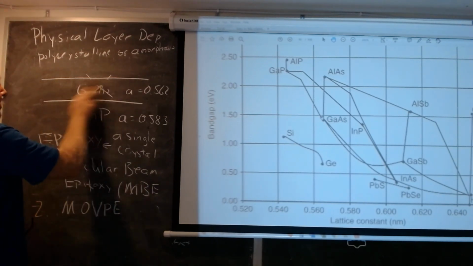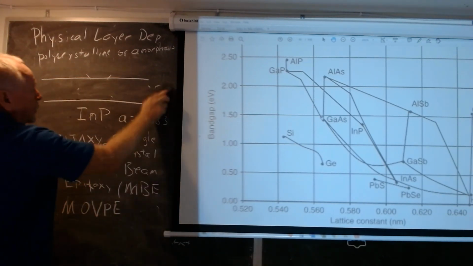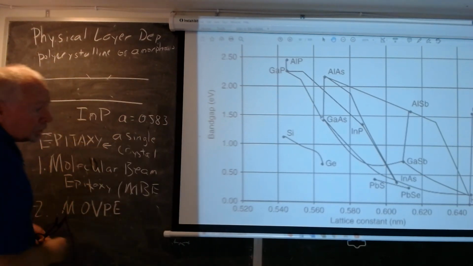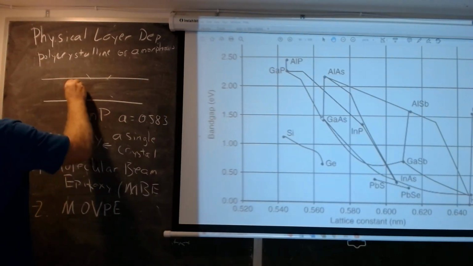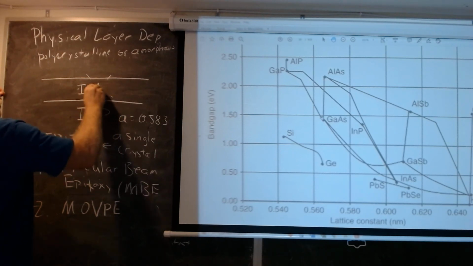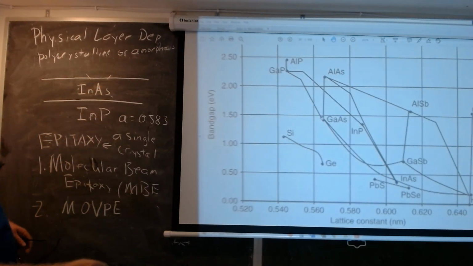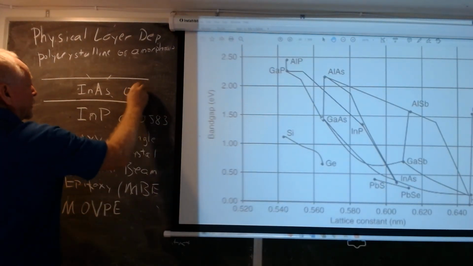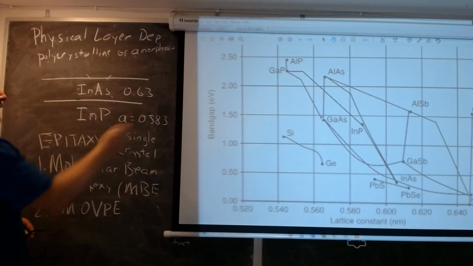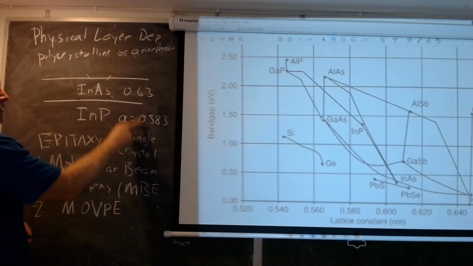All right, and so it won't work beyond a certain point. All right, so what if we tried indium arsenide? Now its lattice constant you can read off of there is like 0.63. All right, same thing. Okay, they don't match, right?